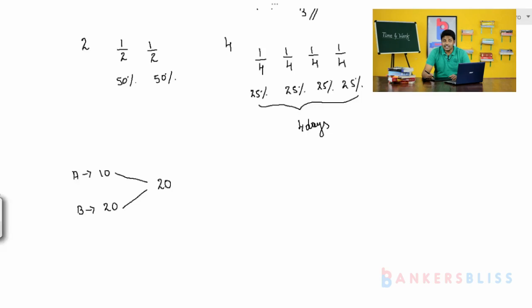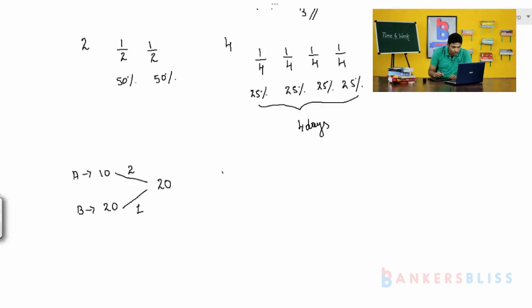Means A is taking 10 days to do 20 toys and B is taking 20 days to do 20 toys. Then A: 10 into 2 is 20, B: 20 into 1 is 20. So A is doing 2 toys per day and B is doing 1 toy per day.